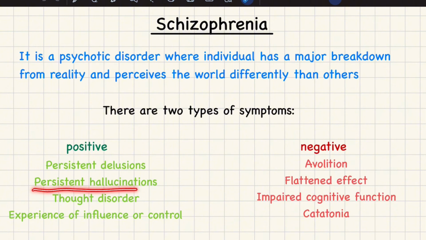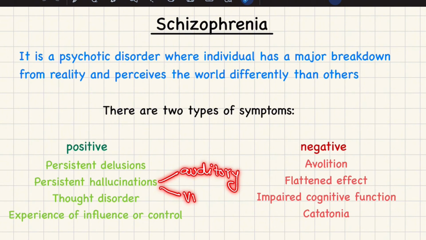Second is persistent hallucination. This can be of 2 types, auditory or visual. Auditory hallucination means an individual can hear things that are not heard by other people, and an individual can see things which are not seen by other people, which is the visual hallucination.